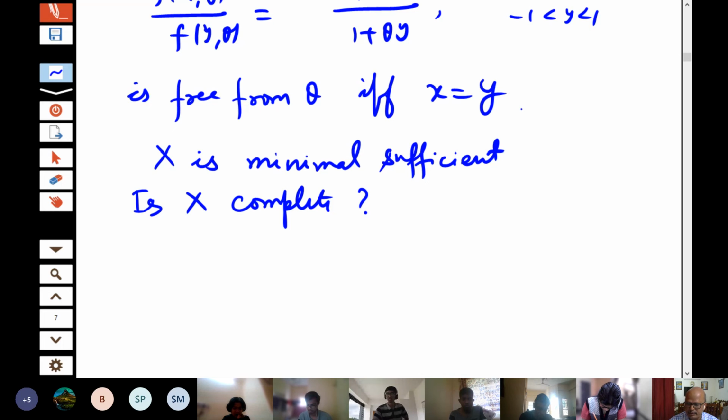So why should it imply that gx is equal to 0? Because for all x, the integral is coming out to be 0. No, not for all x, because the integral is with respect to x. That is, integral of -1 to 1 gx into 1 plus theta x dx is equal to 0 for all theta.